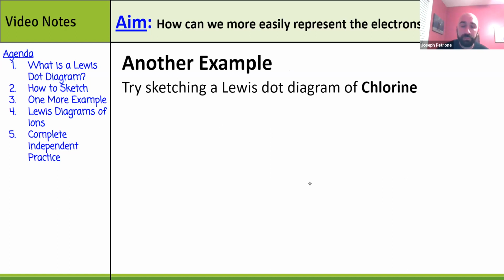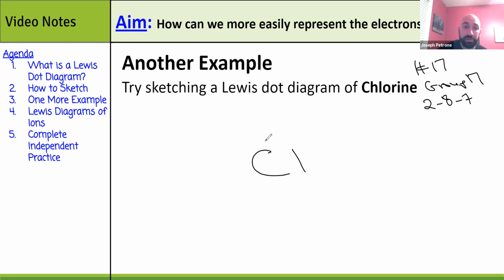So chlorine, I'm going to write its symbol, Cl. And then we know chlorine is atomic number 17. It is in group 17 and has the electron configuration of 2, 8, 7. So 2 indicators that we have 7 valence electrons.